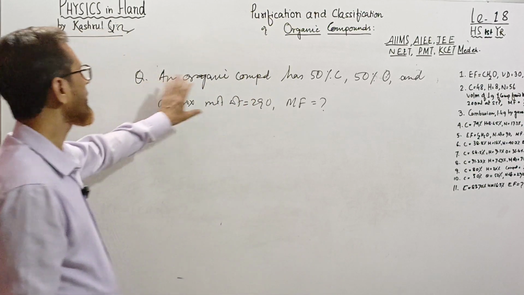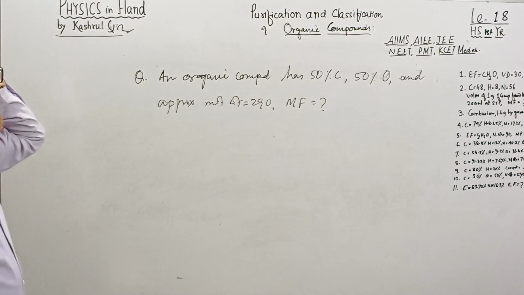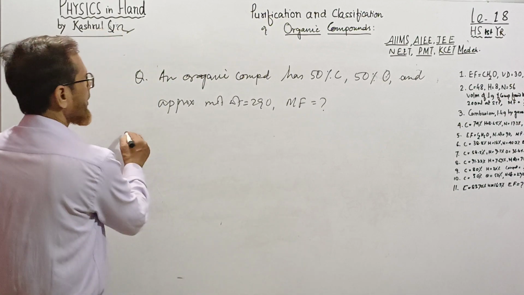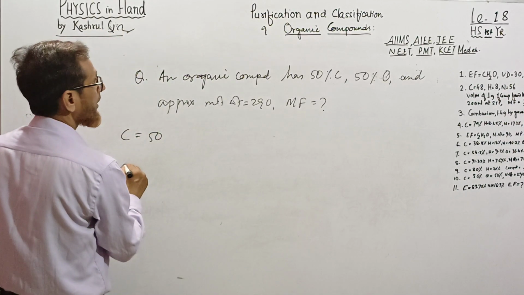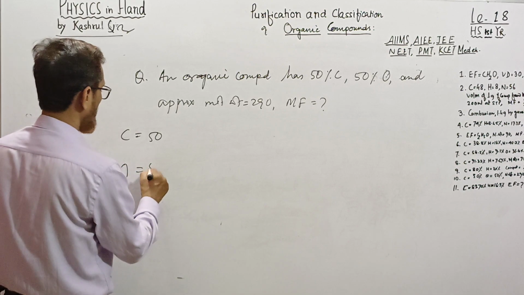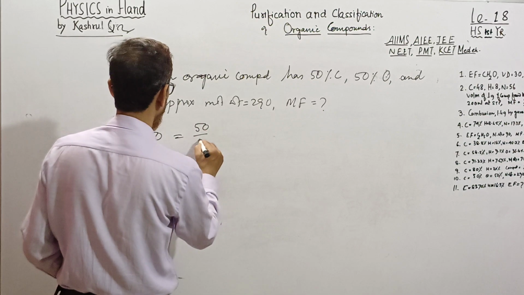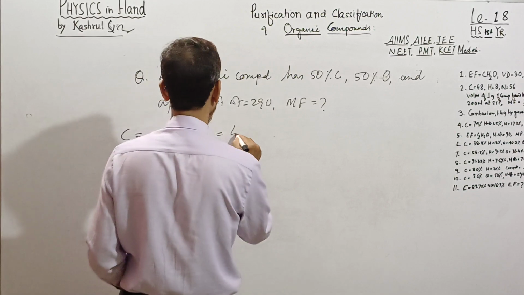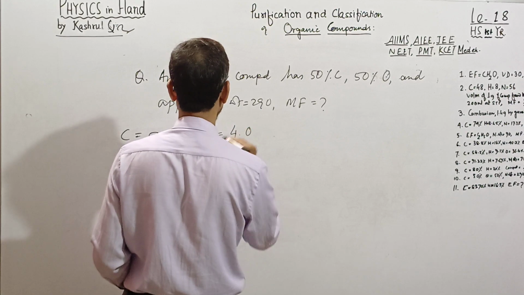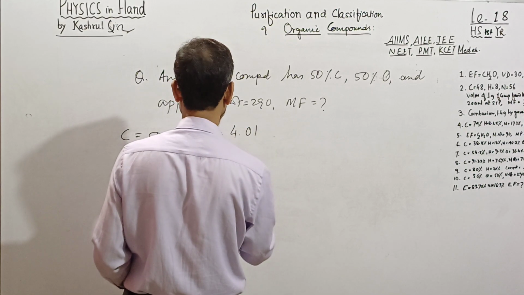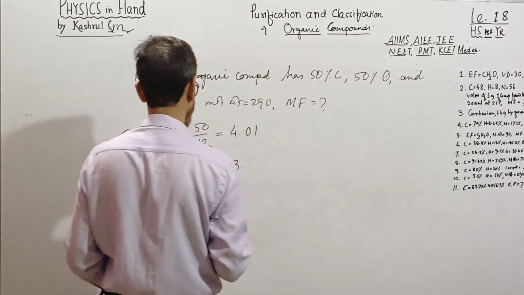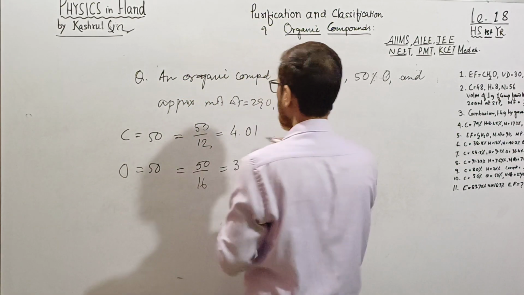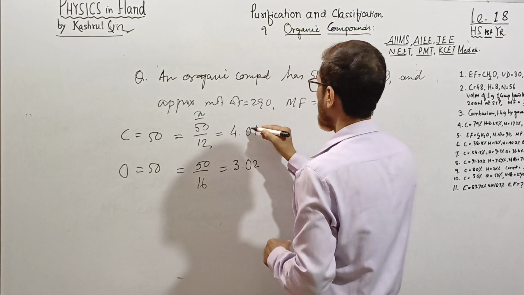Again the question is, an organic compound has 50% C and 50% oxygen, and the approximate molecular weight of this compound is 290. What is the molecular formula of this compound? Now carbon is 50% and oxygen is 50%. So the number of moles is equal to, so the simplest ratio here, you just avoid these two.